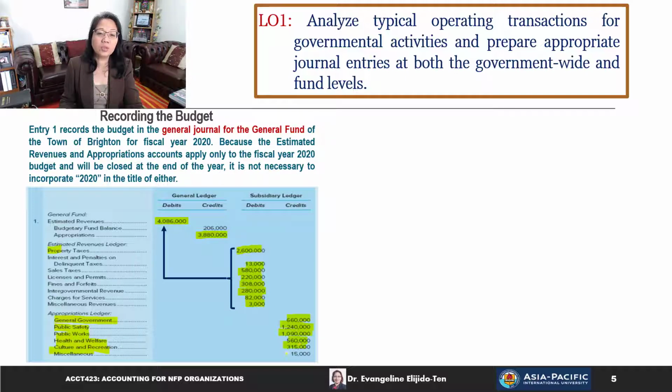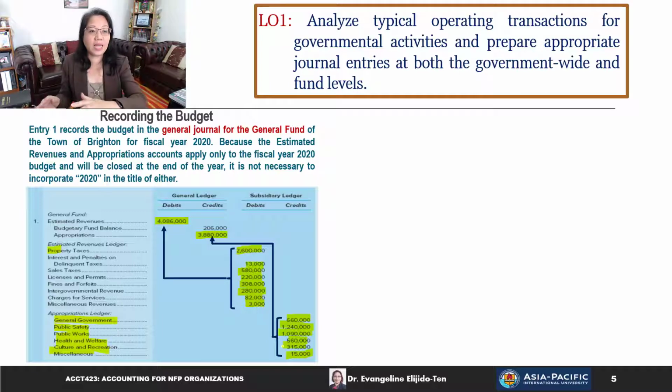The total of these will be your appropriations. So a total of 3,880,000 of the estimated revenues of 4,086,000 have been appropriated to general government, public safety, public works, health and welfare, culture and recreation, and miscellaneous.